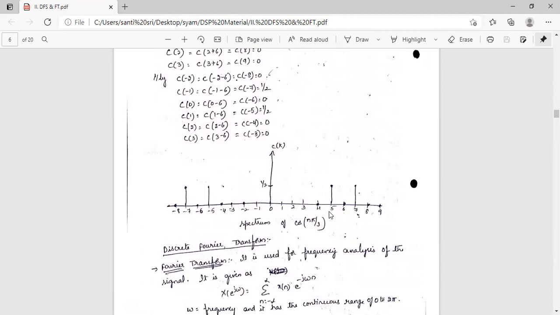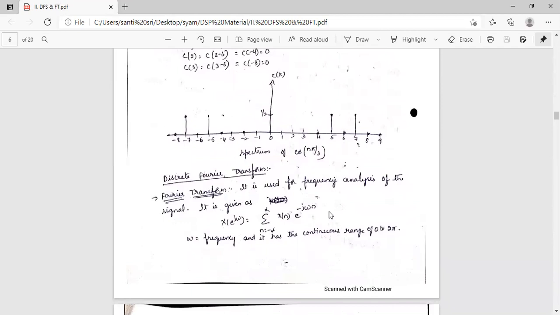Next, this is about the discrete Fourier series. Next, coming to the discrete Fourier transform, it is used for frequency analysis of the signal. It is given like a Fourier transform.